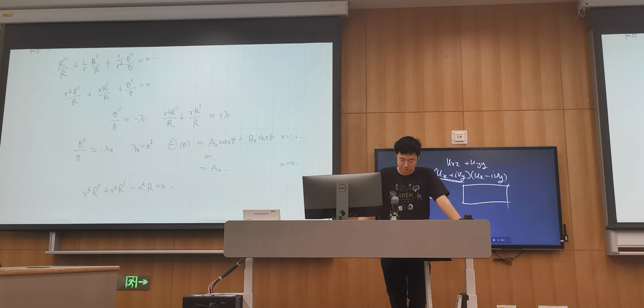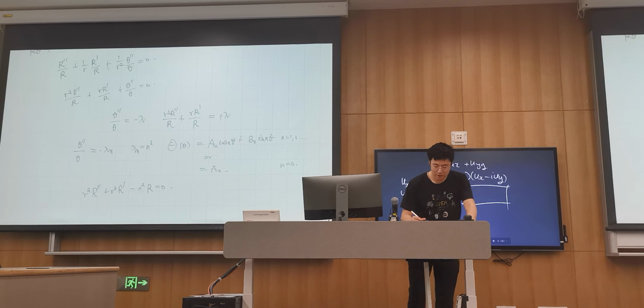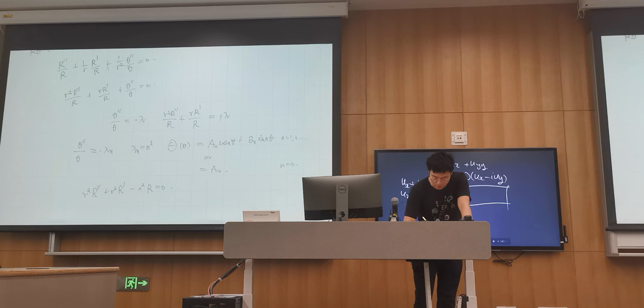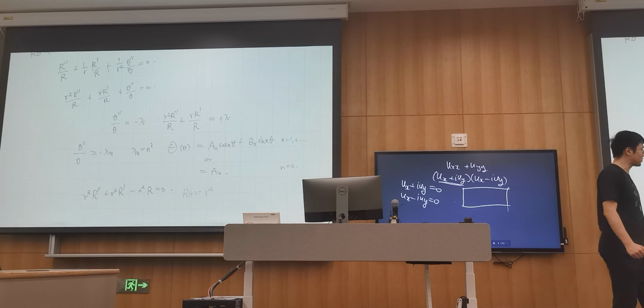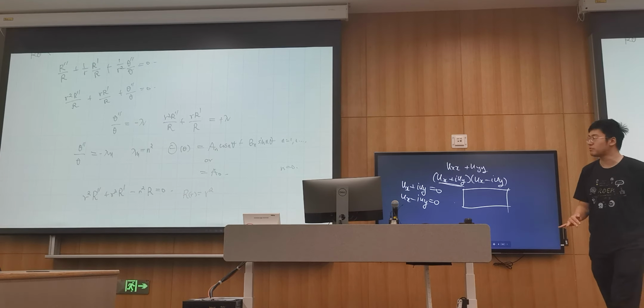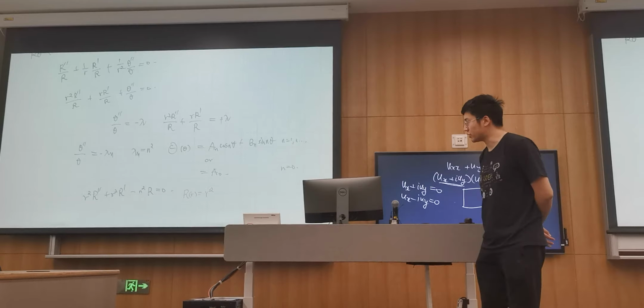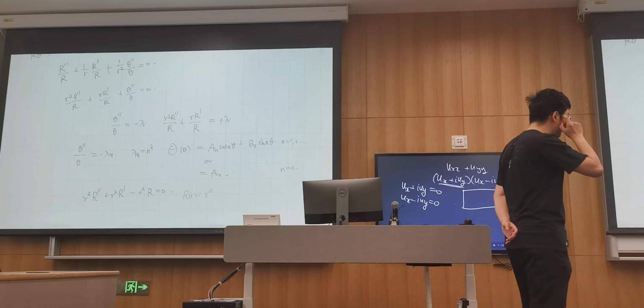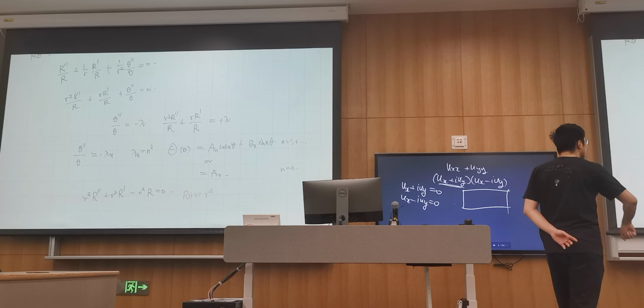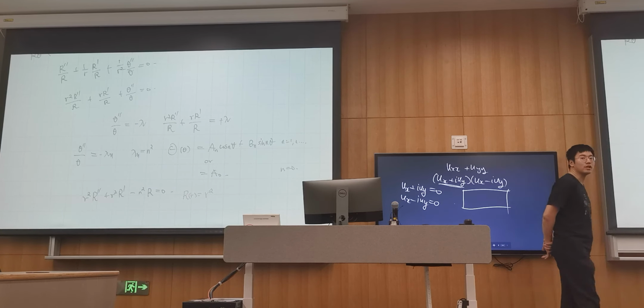Well, actually, to facilitate your solution, let's say we are only considering R equals r to the alpha. Just consider this type. I'm not saying that there's absolutely no other type of solutions, but in fact there is only this type of solution to R, but assuming that we already know this, now we can proceed.